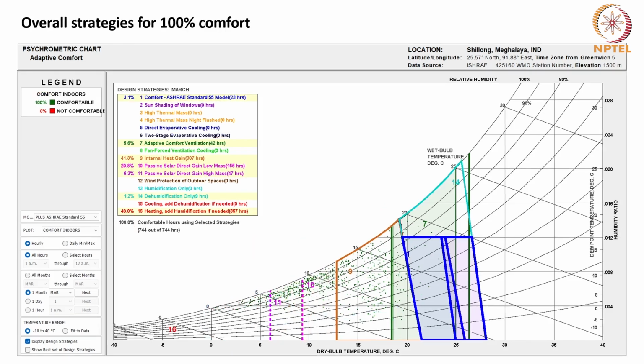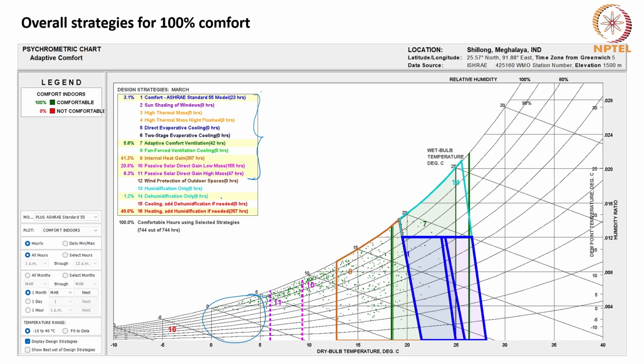So, in order to shift the remaining hours, the hours here also, from red you can see has become green, comfortable. What are the strategies that must be followed? See, these are all passive strategies. So far we saw passive strategies till here in the previous slide.